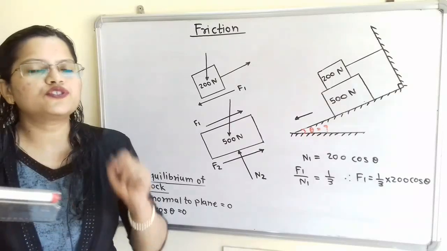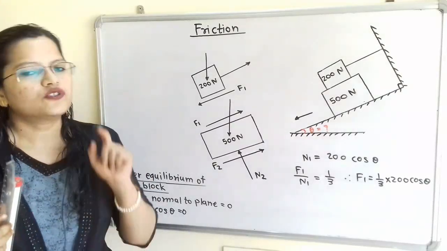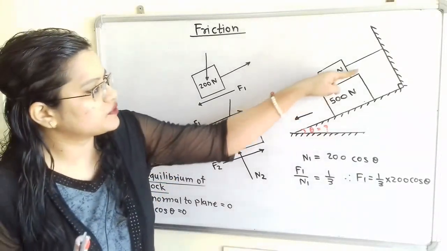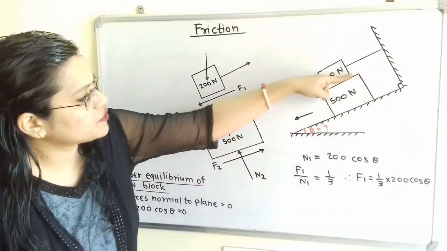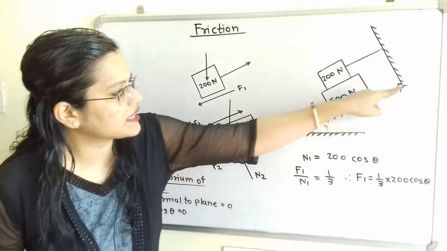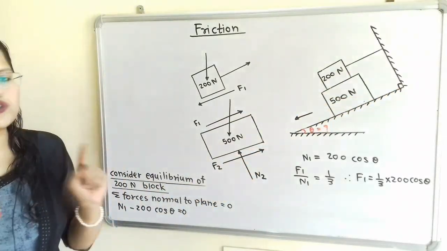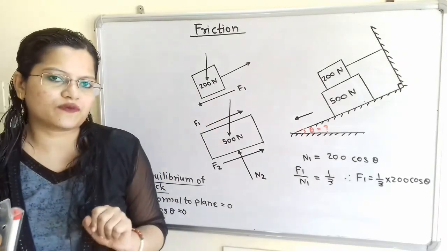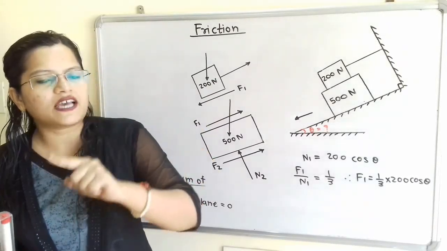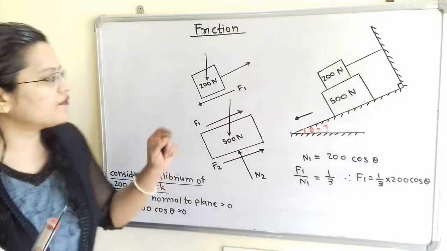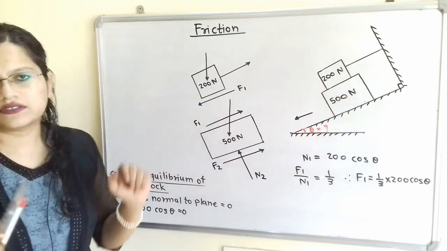Now we have to show the normal reaction. Normal reaction is always perpendicular to the surface of contact. Now this surface of contact is inclined, that is, it is parallel to the inclined surface. So we have to show the normal reaction. For this upper surface we will use suffix 1. Both surfaces are in contact with each other, so the normal reaction will act on both surfaces.